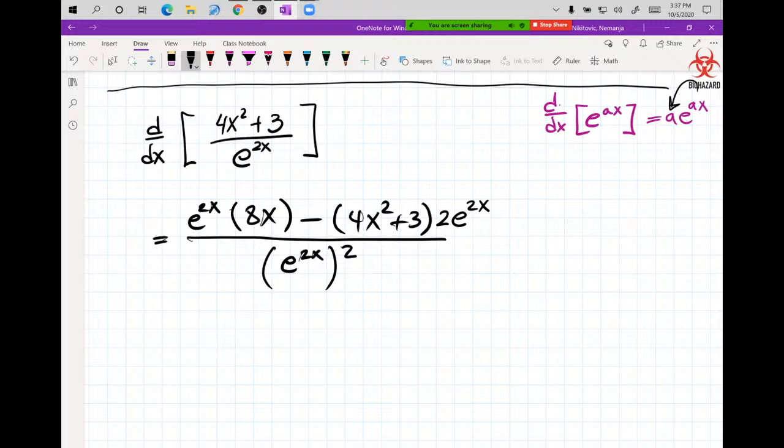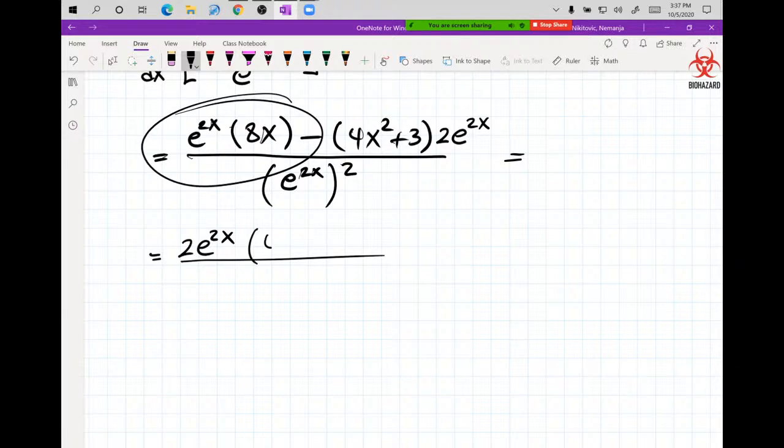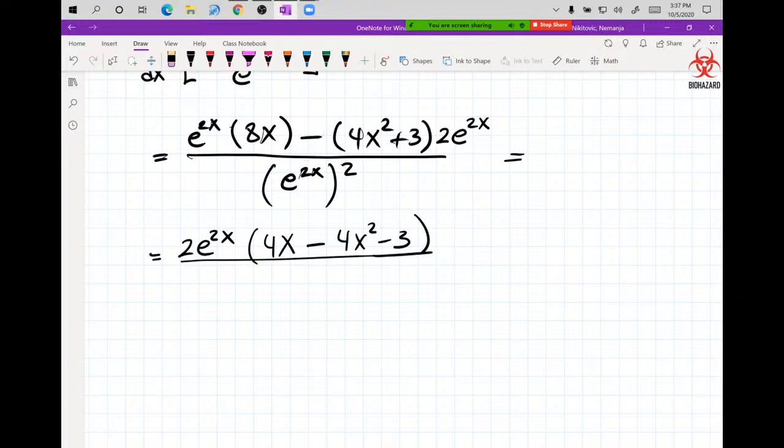It is time to simplify. Now we see that we can factor out 2e to the 2x. From the first term, you are left with 4x. And from the second term, you are left with minus 4x squared minus 3 when that negative distributes to both terms. So 2e to the 2x is out, and that's why this 8 turned into a 4, because we have the 2 over there. So 2 times 4 is 8.